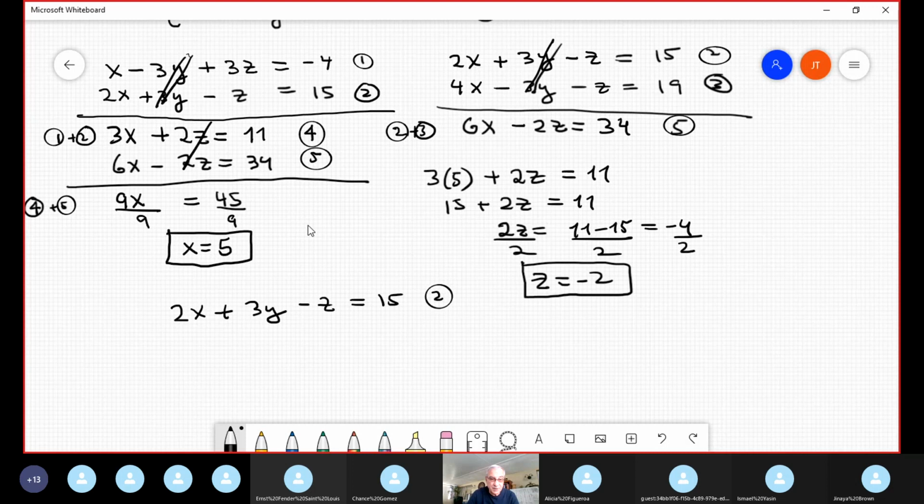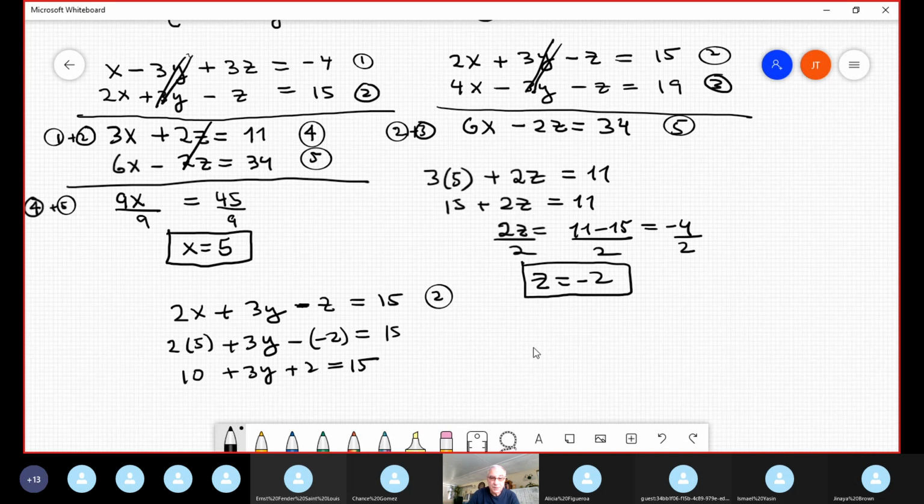I just copy again. But I know that x is 5, so 2 times 5, plus 3 times y, minus z, which is here negative 2. Be careful with the sign. We have the minus of the equation, and we have the minus of the value. Double minus. This is 10, 3y, this is plus 2 equal 15.